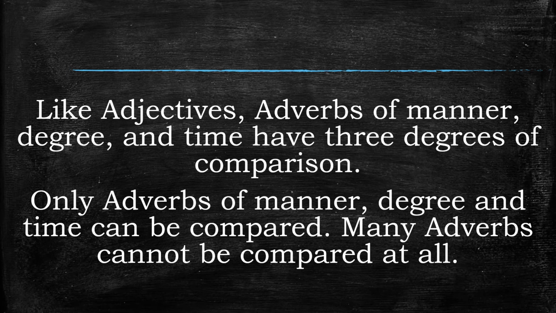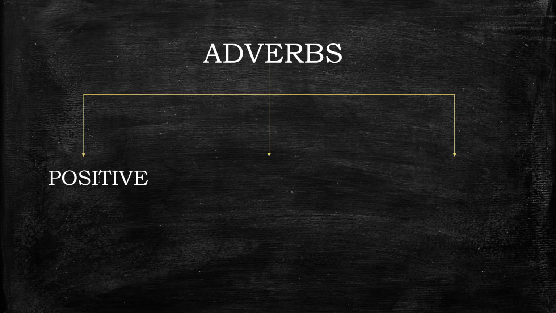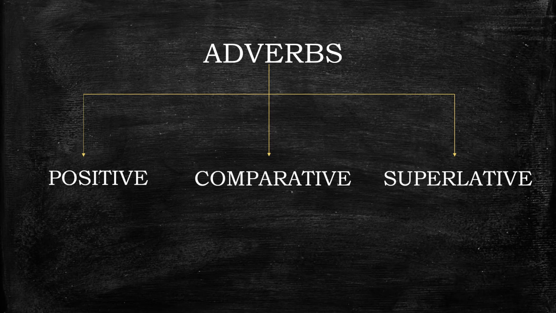Only adverbs of manner, degree, and time can be compared. Many adverbs cannot be compared at all. So we have adverbs, and they are divided into the positive degree, the comparative degree, and the superlative degree. For example, fast, faster, fastest.